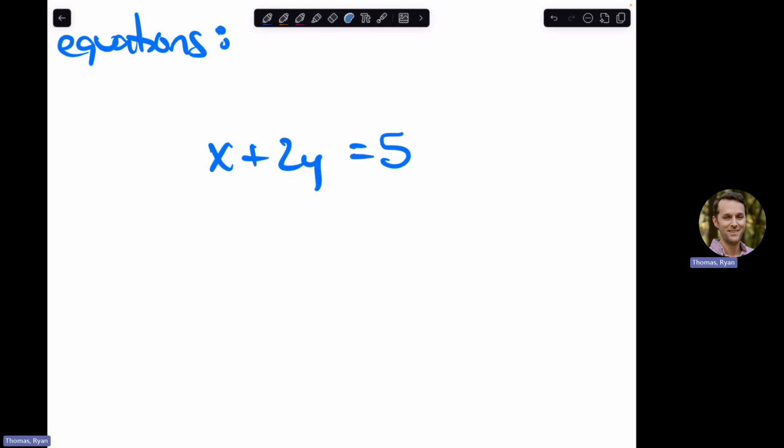That means there's no, quote unquote, solution to this. There are many solutions. For example, if x is 1 and y is 2, 1 plus 2 times 2 is 5. But similarly, x could be 5 and y could be 0, and then 5 plus 0 is also 5.